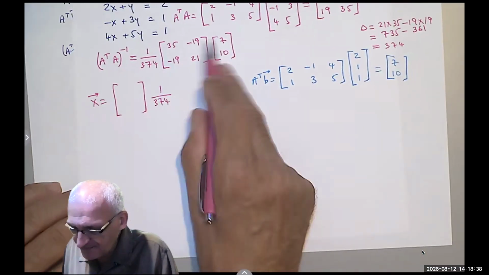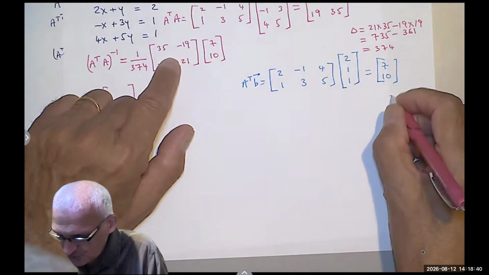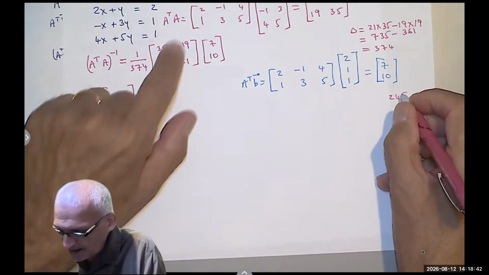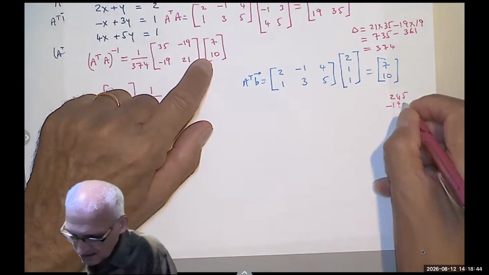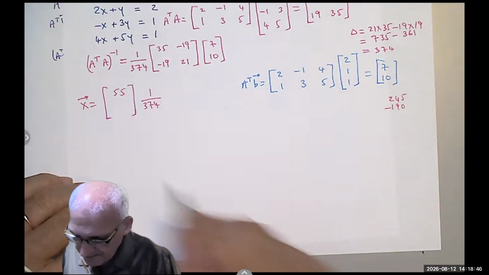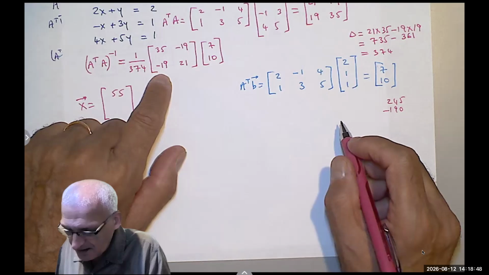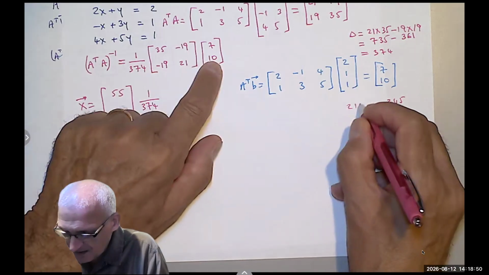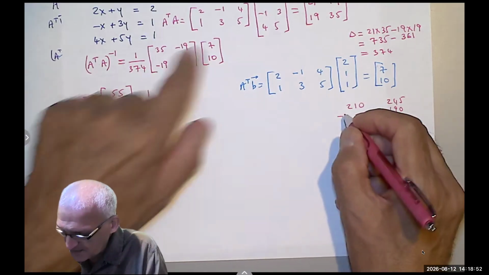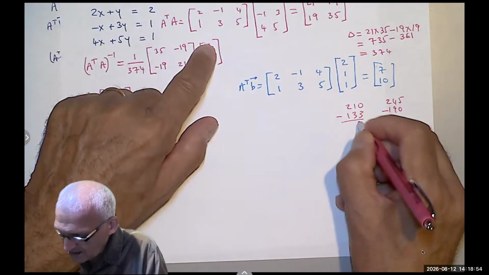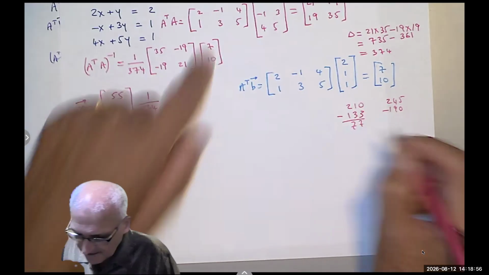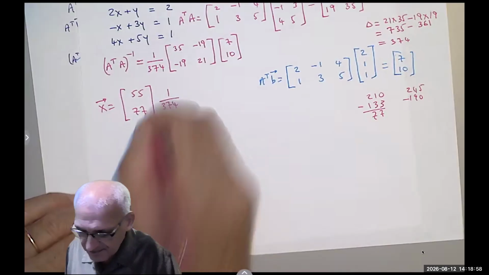Okay, 35 times 7 is 245, minus 190 is 55. 21 times 10 is 210, minus 19 times 7 is 133, which is 77.